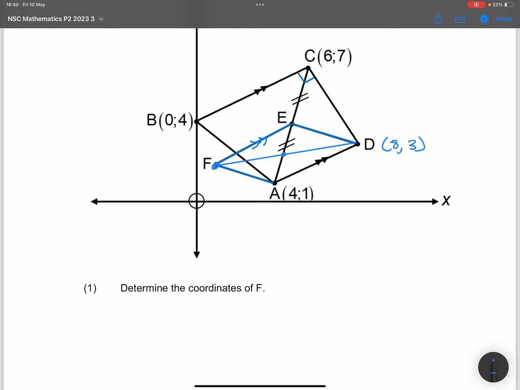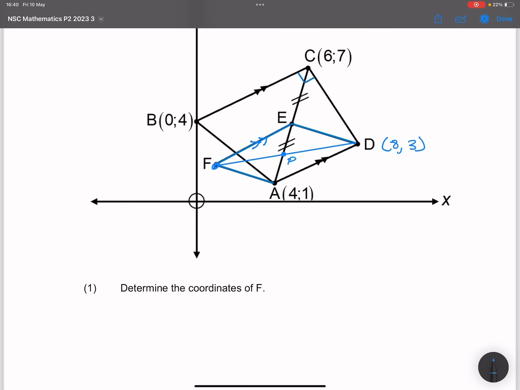We know that the diagonals of a parallelogram bisect each other. So if we call that point P, then FP would be equal to PD, and EP would be equal to PA. It's the midpoint of both those diagonals.